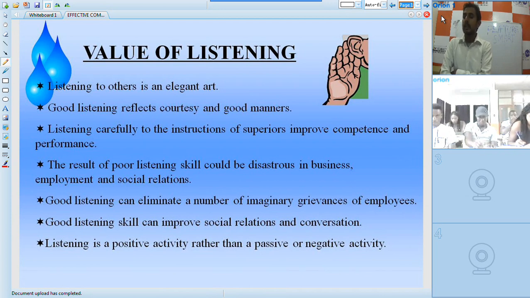Good listeners can eliminate a number of imaginary grievances of the employees. Good listeners can understand better, and they are able to eliminate the imaginations from their employees.